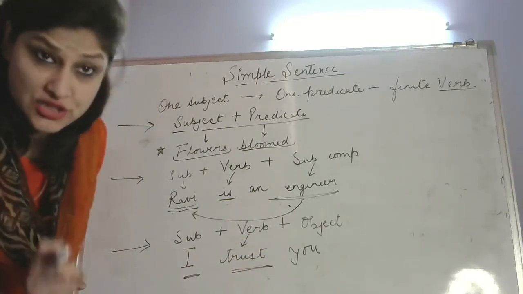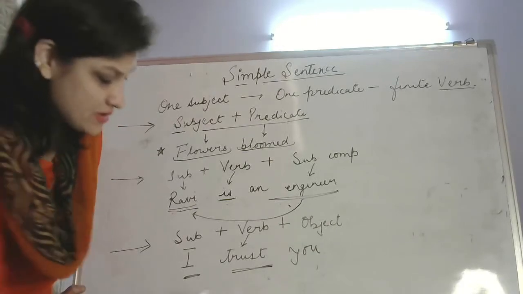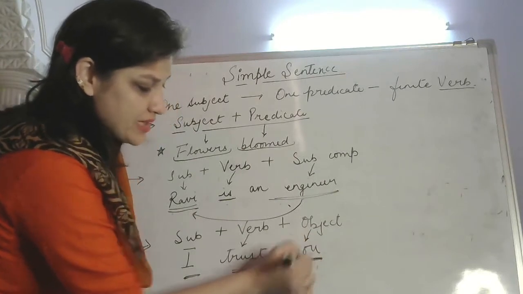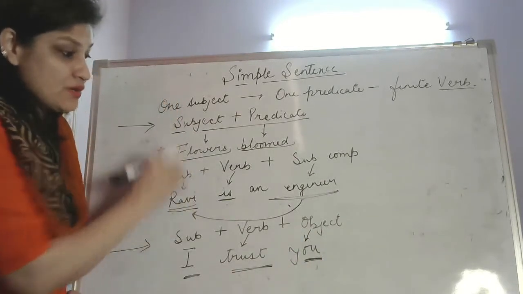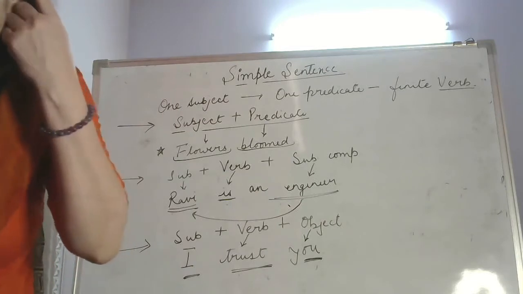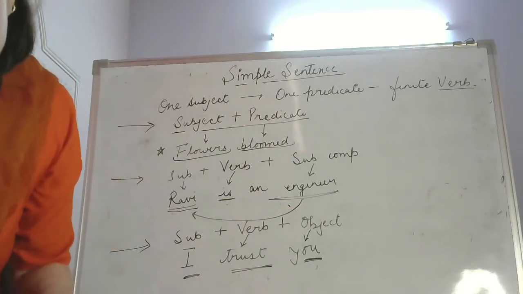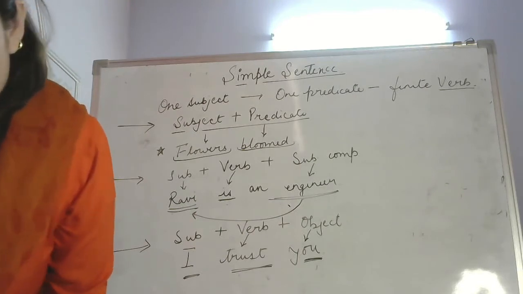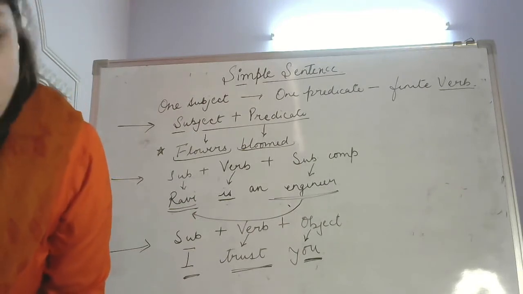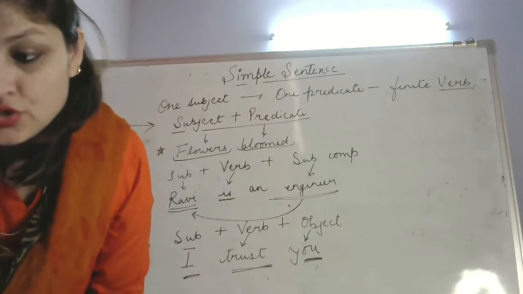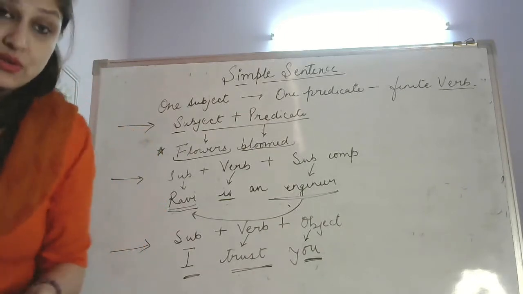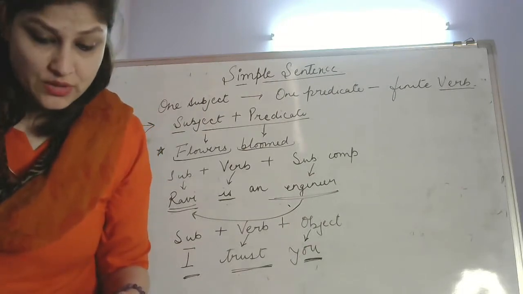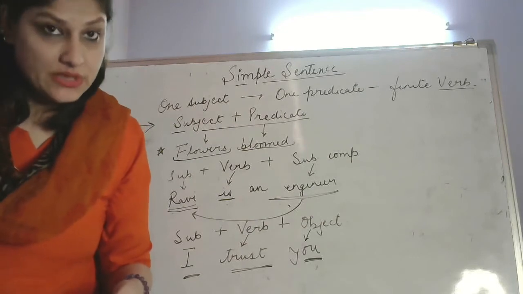Verbs are your action words, doing words, right? So this is another verb. And object, you is the object, right? Now see the examples given here for the same. I trust you. Shreyas helped the poor widow. Shreyas is the name of a boy. In your book, you can see all these sentences. They have bought a new bungalow. The parliament passed the bill.